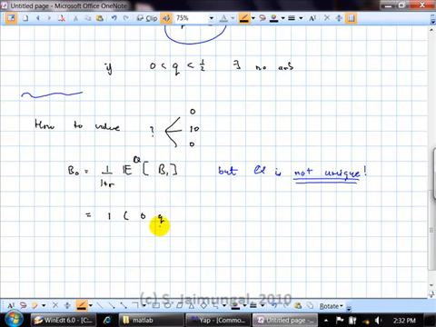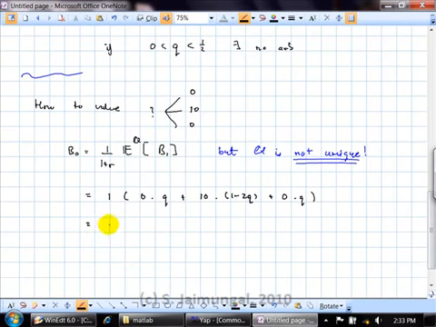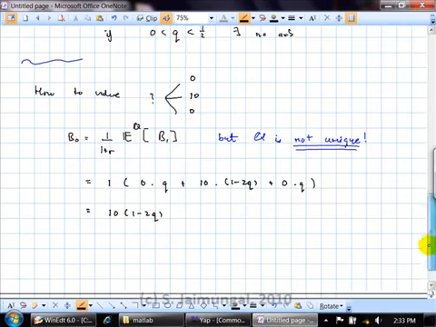We'll get 0 times little q, which was our parameter. We'll get 10 times qm, but qm was 1 minus 2q. And we'll get 0 times little q again, which was our other parameter. And we see that here the answer is 10 times 1 minus 2q.